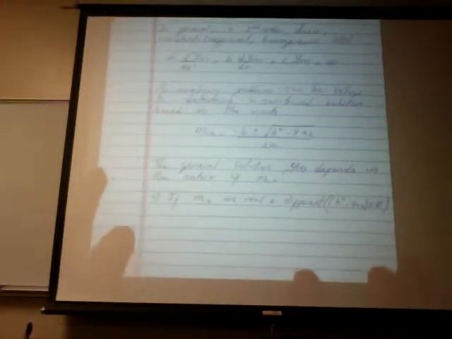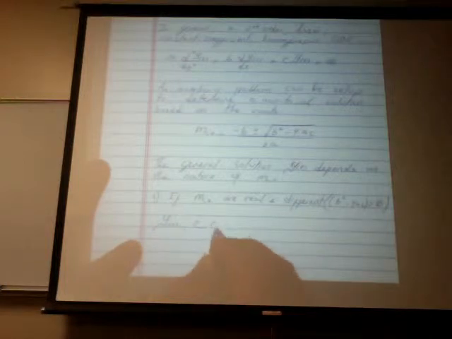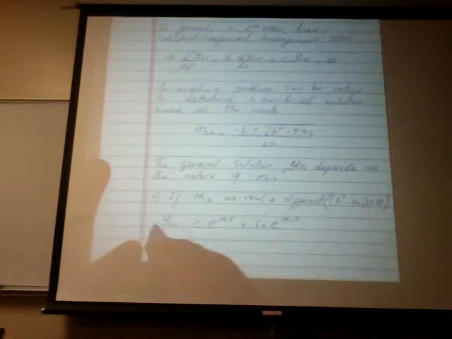When that number in the square root is greater than 0, we know we are going to end up with two real and different roots. Then the solution y of t is simply c1 times e to the m1t plus c2 times e to the m2t.